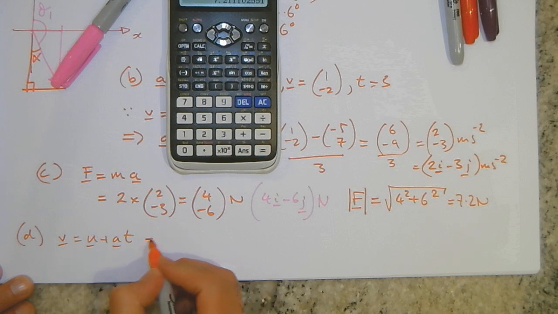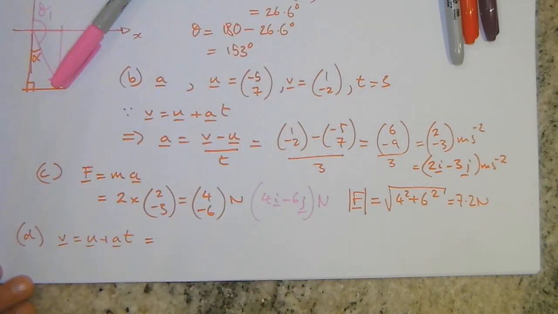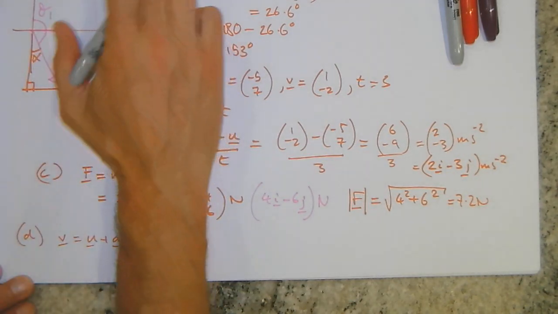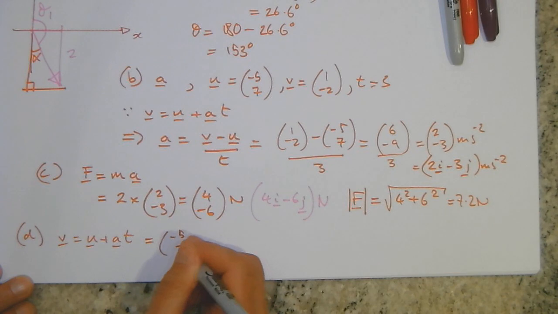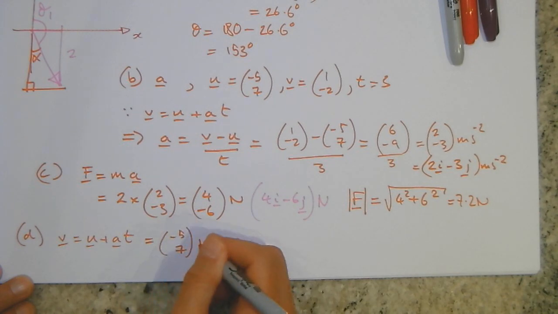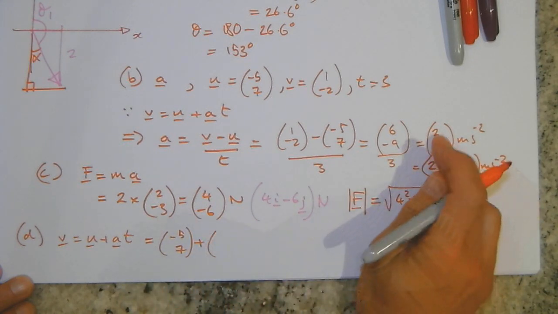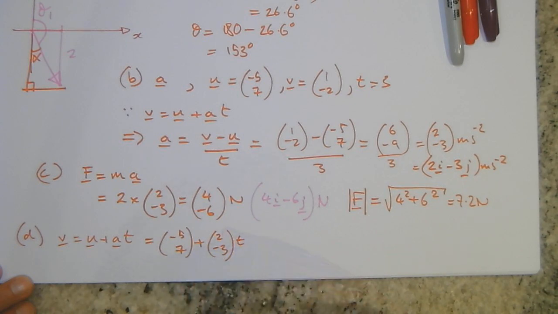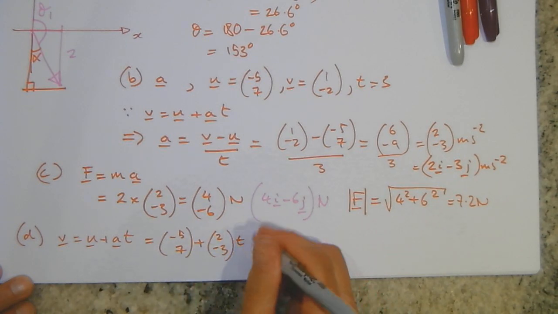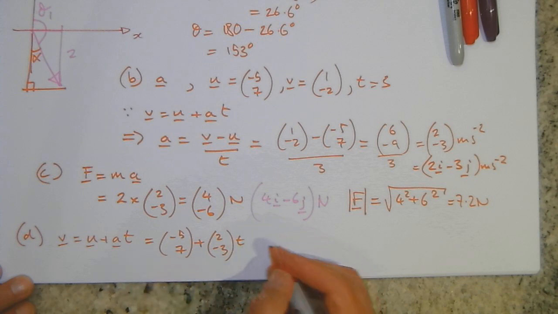So we could write that as u, minus 5, 7 plus a multiplied by t, tick, tick. I could write it in ij notation instead.